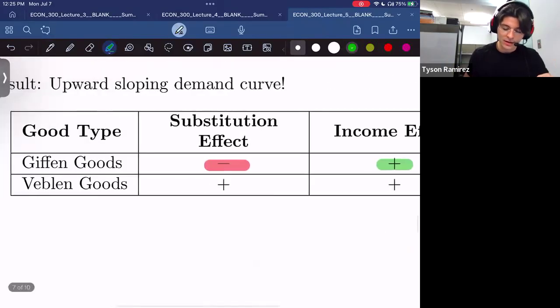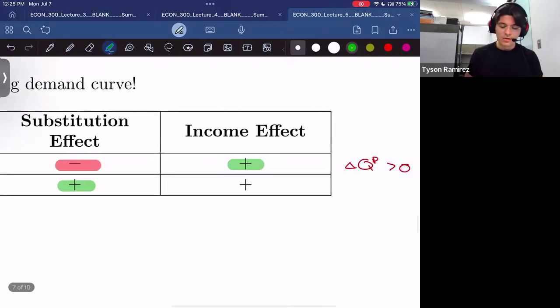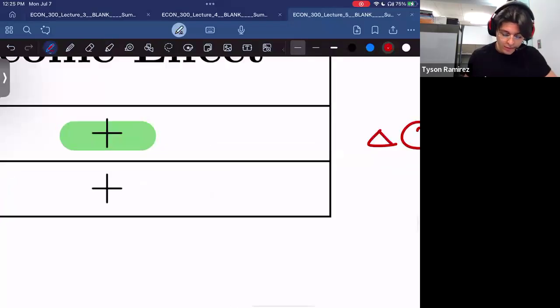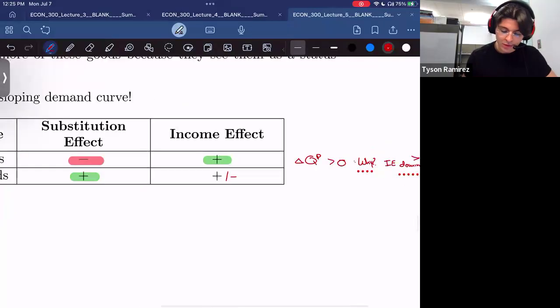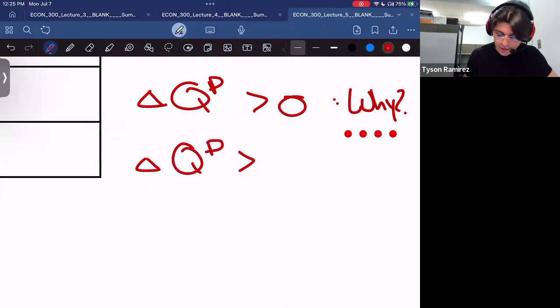And additionally, now the fact that this thing becomes pricier, our substitution effect is actually positive. Whereas the income effect, I have it on here as positive, but I think that it could be positive or negative after I gave it more thought. But no matter what, in any case, we see that after a price increase, we actually demand this thing more.